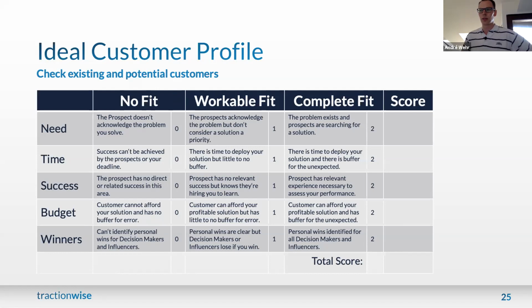You can use it to check your potential customers, the customers that might be in your pipeline, that might not yet be in your pipeline but you see them already, and your existing customers. So what does the ideal customer profile look like? It's actually a very easy matrix. You check your potential and existing customers against different criteria like need, time, success, budget, and winners.